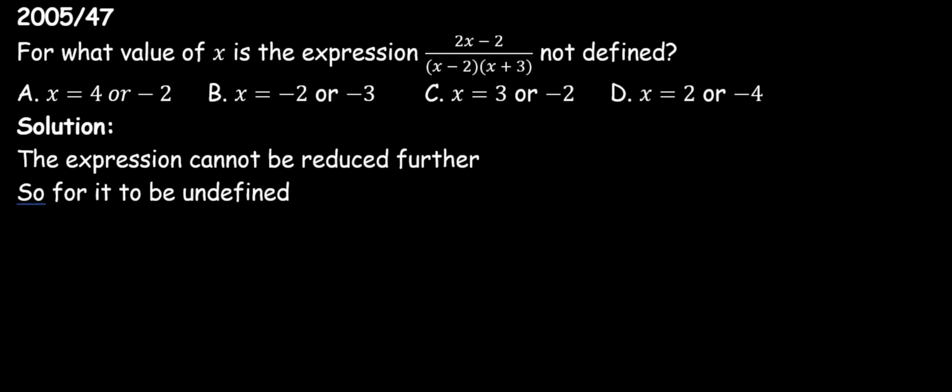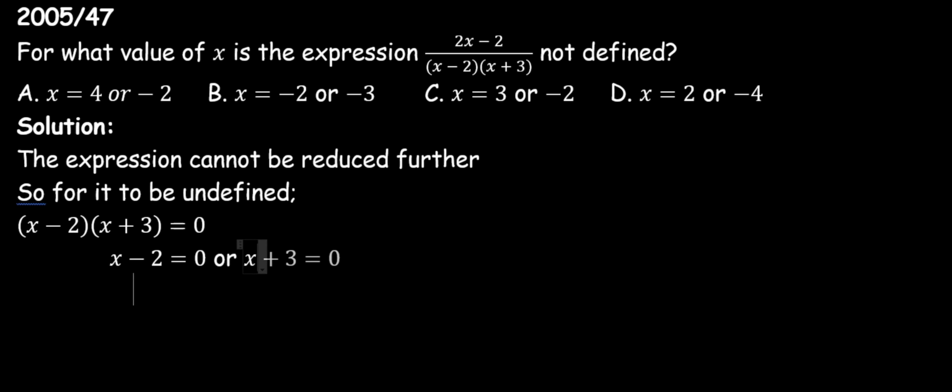For it to be undefined, the denominator, which is (x minus 2) into (x plus 3), is equal to 0. That is to say, x minus 2 is equal to 0, or x plus 3 is equal to 0. And it follows that x is equal to 2 or minus 3.